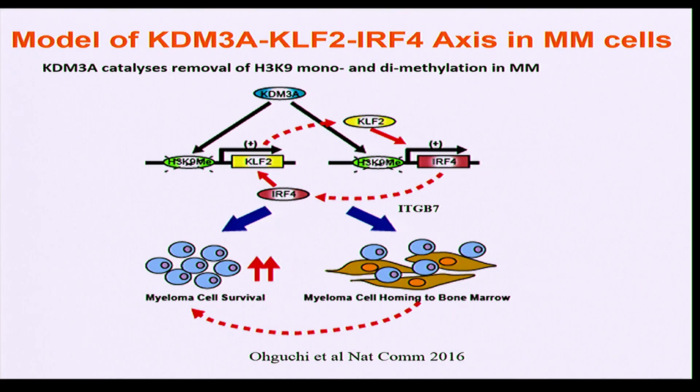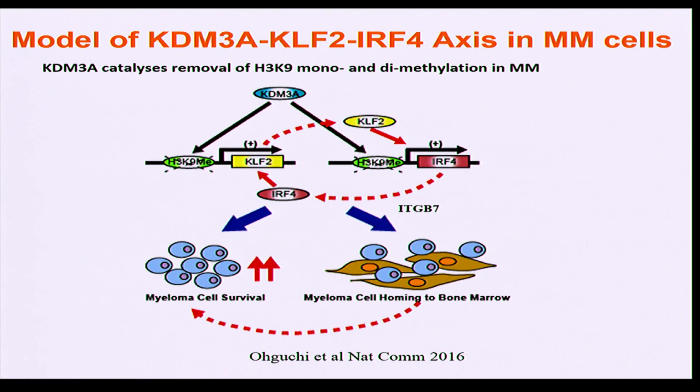And then the final thing, and this is brand new, is if we can't target with multiple drugs, could we use one targeted agent to target the microenvironment? And I think that's coming in the future, not only in myeloma, but in other cancers. So this is KDM3A, a demethylase, which is overactive in myeloma. It turns out because it is, there is transcription of genes like KLF2 and IRF4.